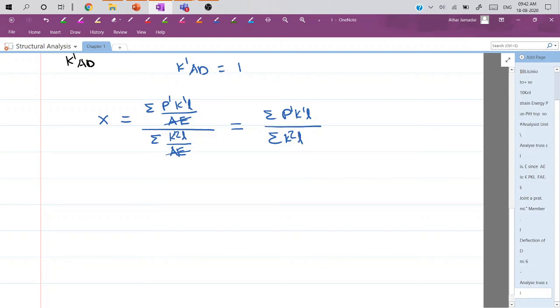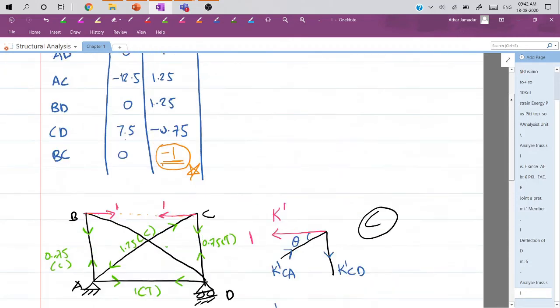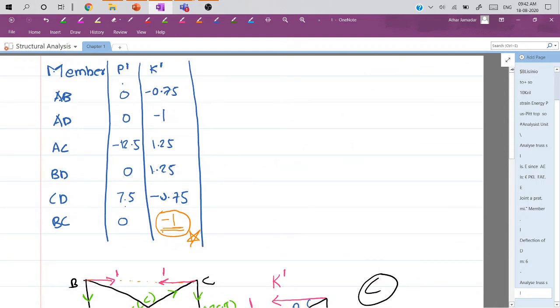Okay, so in this table, first of all we have to find out values. Before finding values, I will write down here the lengths of each member.